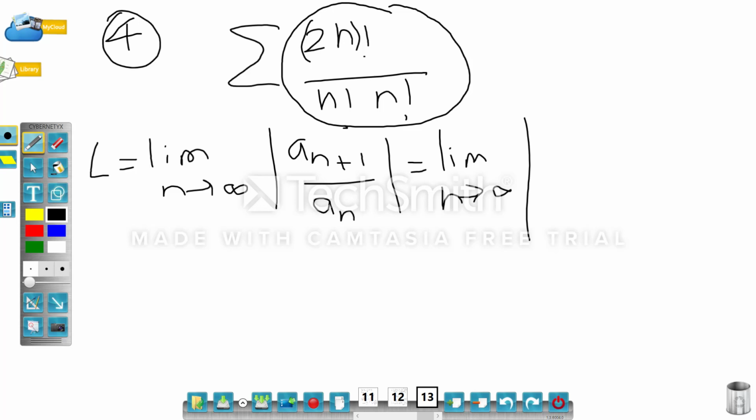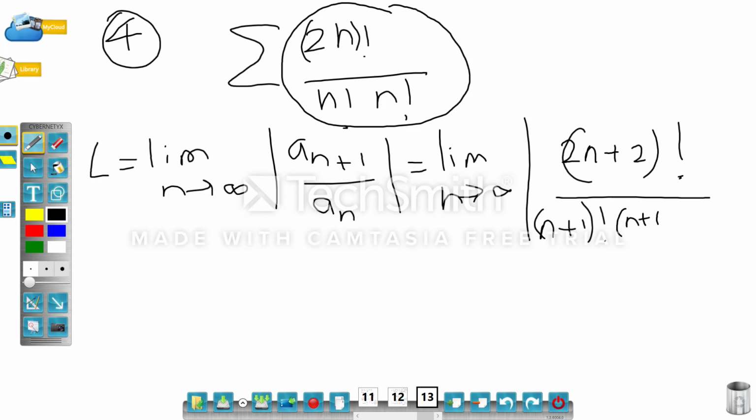So let's find out a_(n+1). It is (2n plus 2)!, since n is replaced by n plus 1 so 2 will be multiplied, divided by (n plus 1)! (n plus 1)!. Then a_n is as it is, (2n)! upon n! n!, modulus complete.